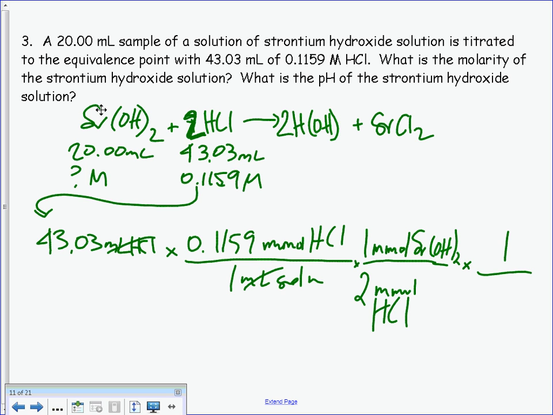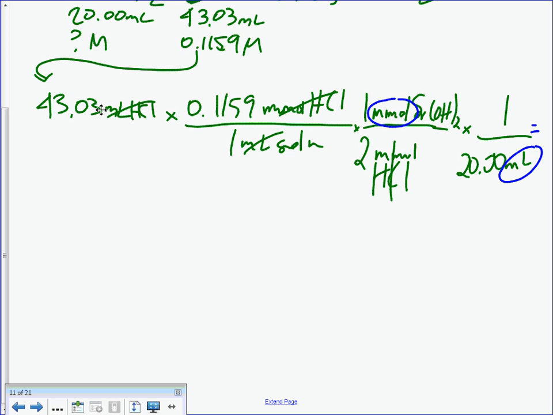So 1 over, so multiply my reciprocal, 20 milliliters of the strontium hydroxide solution on bottom. So millimoles of HCl cancel, and so the only units left are millimoles of strontium hydroxide over milliliters of strontium hydroxide solution. So millis cancel, leaving us with moles over liters. So you guys tell me what you get when you get there.